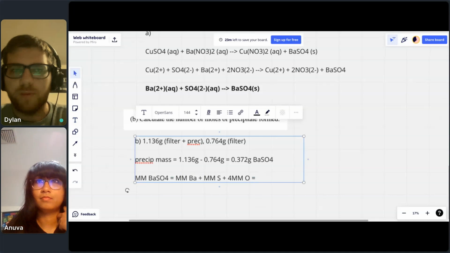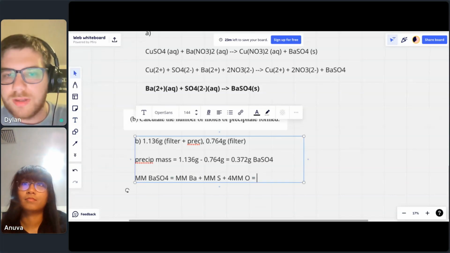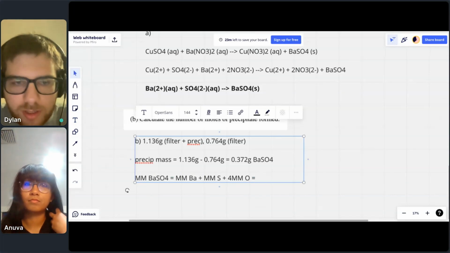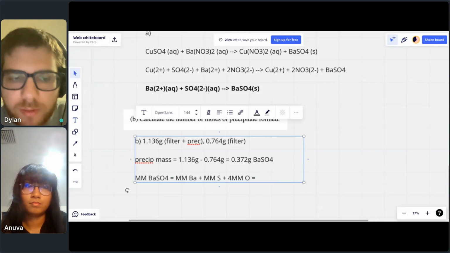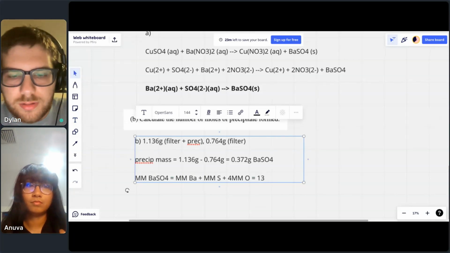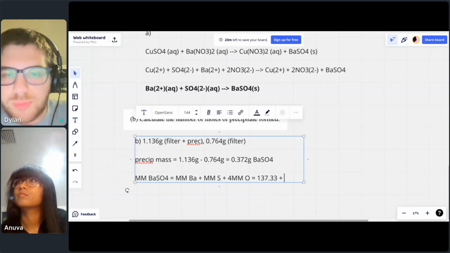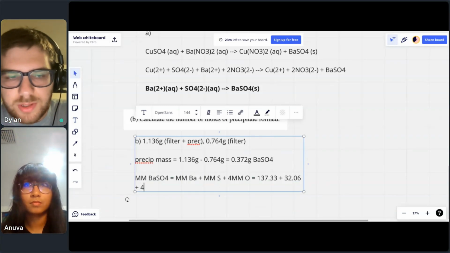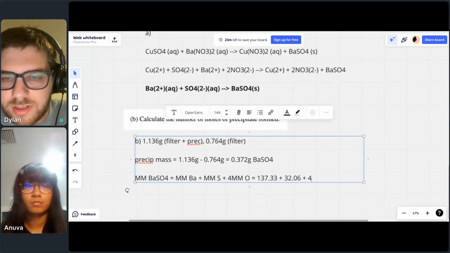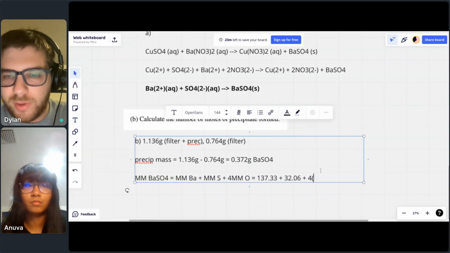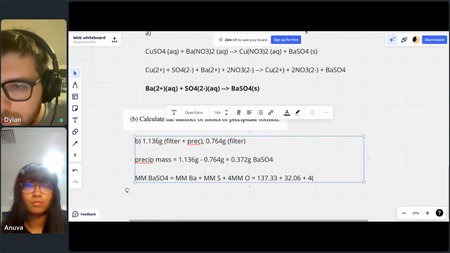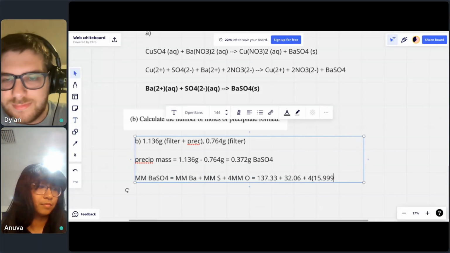Using a periodic table, the molar mass of barium is 137.33, plus the molar mass of sulfur, which is 32.06, plus 4 times the molar mass of oxygen, which is 15.999.